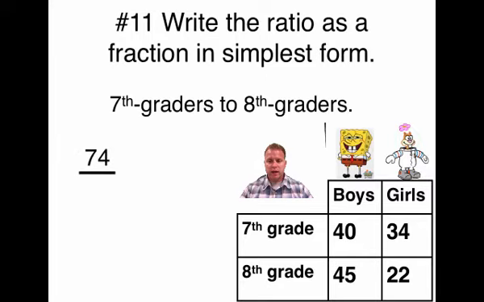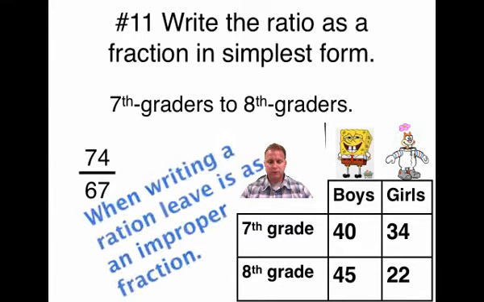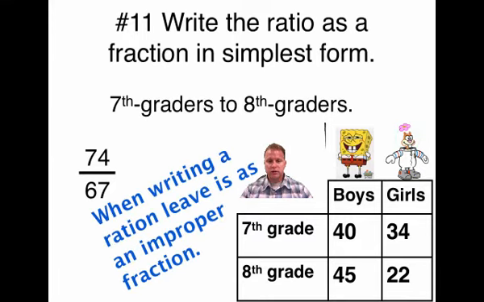Then for the 8th grade students, we've got 45 boys, 22 girls. Add those together and we get 67. I don't think there's anything that'll go into 74 and 67, so that's in simplest form. It's okay to leave it as an improper fraction when we're talking about ratios. So we would just leave that. So don't forget, improper fractions are okay for ratios.